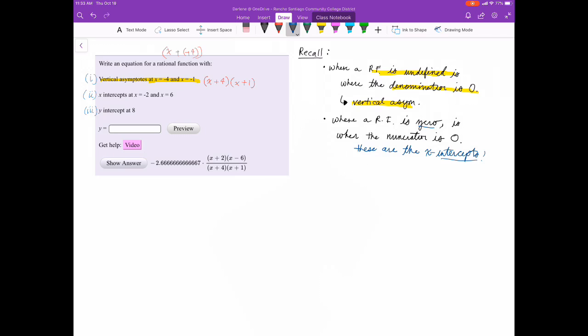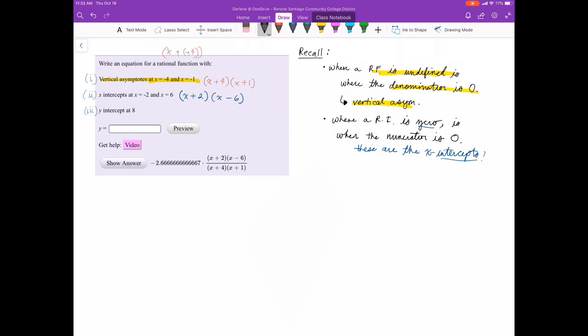Meaning that if I rewrote these x-intercepts as factors, these factors would be in the numerator. So again, it's x minus -2, which is x plus 2, and then x equals 6, meaning it'll be x minus 6. So, let's write my rational function.